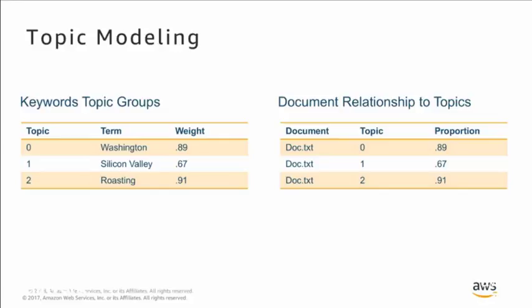So you give a bunch of documents, and it's going to identify the topics that are present in these documents. For example, the first one has topic number 0, the proportion is 0.89, and topic number 1 is only 0.67, and so on.